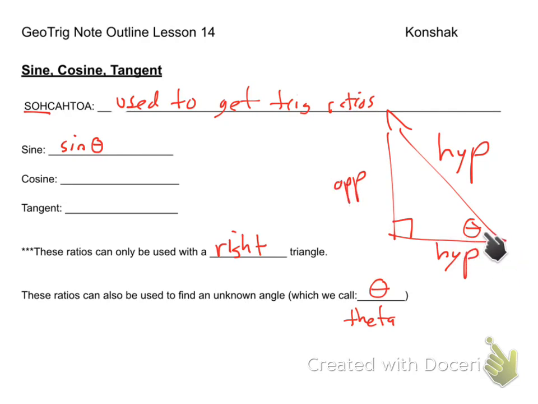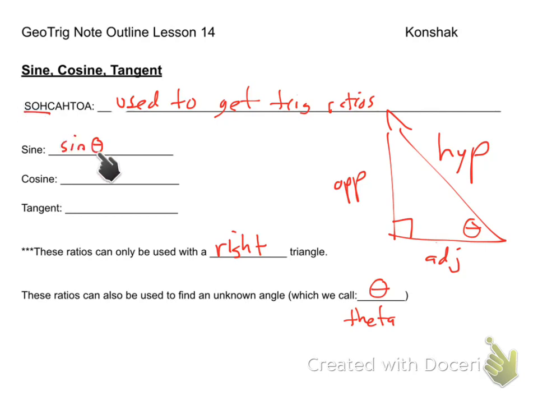The side that's next to it, whoops, I messed up, guys. It is not hypotenuse there, it's adjacent. So the side next to it is adjacent. Sorry, didn't catch that until I looked again. So opposite, adjacent, hypotenuse. Those are the three things that are used here.